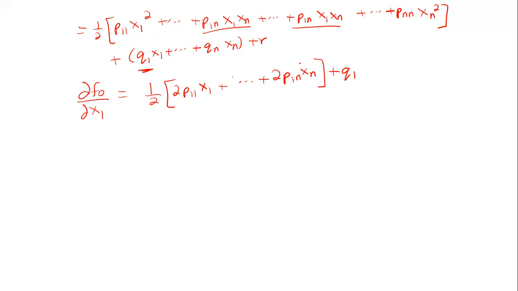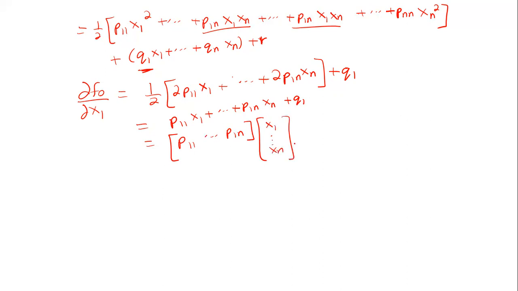The derivative of the r, since it's a constant, is just going to be 0. So we can see that this ends up being p11 x1 plus ... plus p1n xn plus q1, which you could write as p11 to p1n times x1 to xn plus q1. And so we can see that this looks like the first column of P.